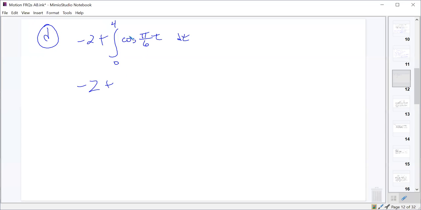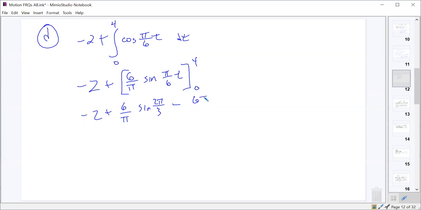So now when I integrate this, I should get 6 over pi sine pi over 6t when you do the u substitution on that, from 0 to 4. And you'll plug in your values. 6 over pi sine 2 pi over 3 minus 6 over pi sine 0, and 6 over pi sine 0 is just 0.